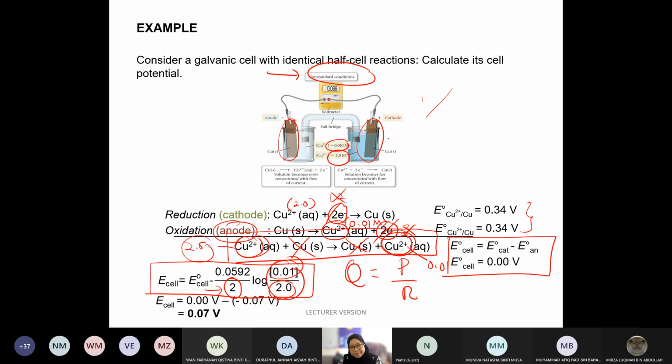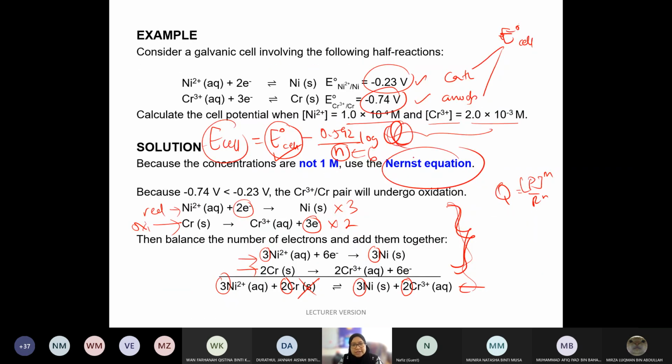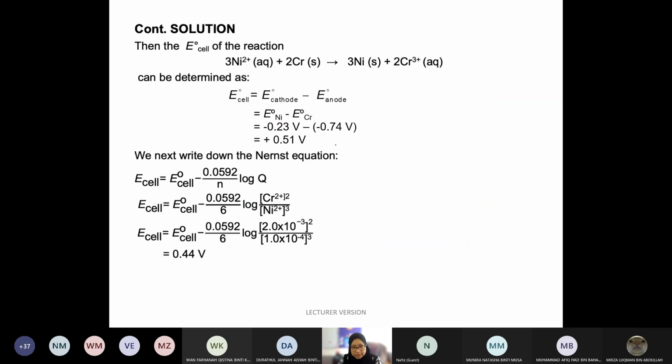Okay, now Q. Nak settlekan Q banyak kerja sebenarnya. Dah cari Q, this is the formula. These are the equations that you got just now, the overall equation after you have multiplied with a factor. So you do product over reactant. Q is equal to, the solid we don't include.